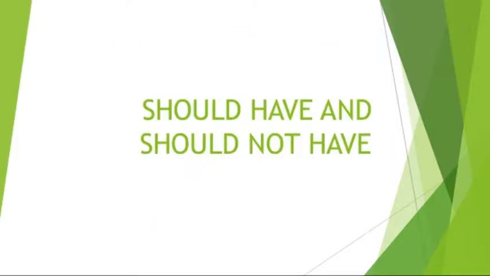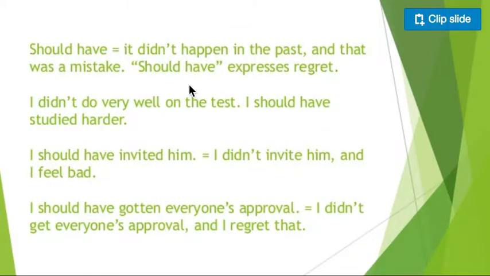So should have and should not have, we use to talk about regrets. Things that did not happen in the past and also things that were a mistake in the past. For example, when you say I didn't do very well on the test, I should have studied harder. So should have is your regret.